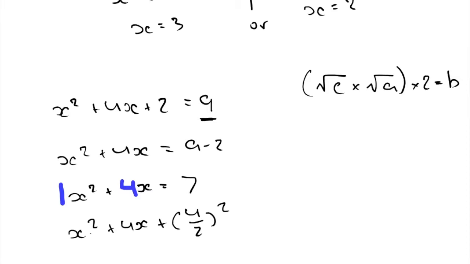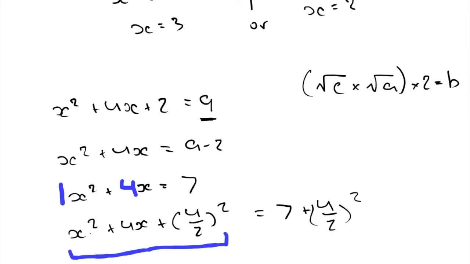This is basically an expanded version of a perfect square trinomial. Remember, if we add (4 over 2) squared to the left side of the equation, we also have to add the same thing to the right side of the equation. So we have to write it as 7 plus (4 over 2) squared on the right side as well.